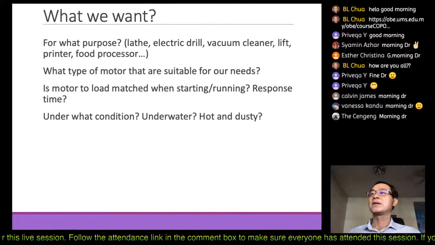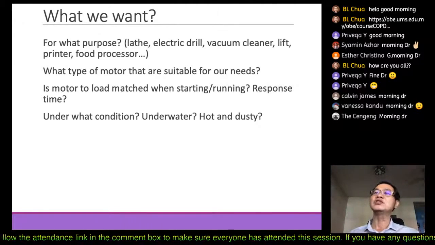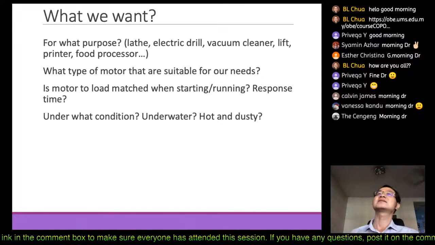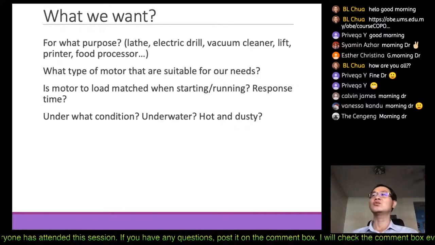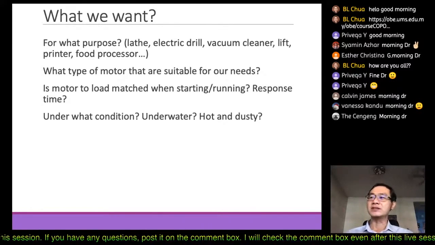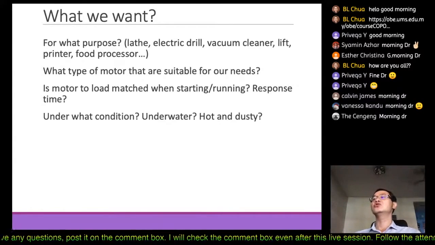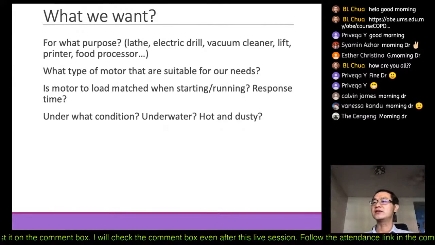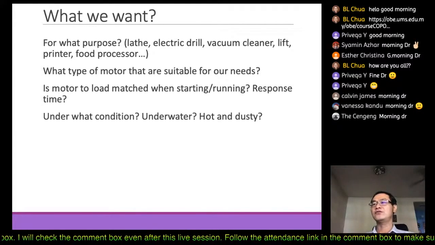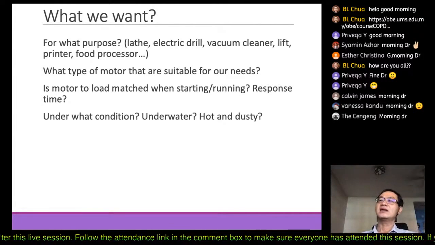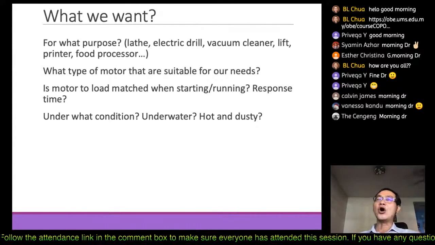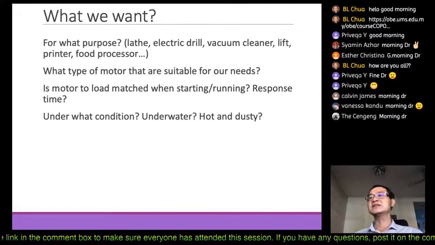Therefore, in order to select properly, we have to ask ourselves what we actually want. What is the purpose, whether we want it to be used for different purposes like a food processor, printer, and other things. Then from there, you know the constraints, the environment.